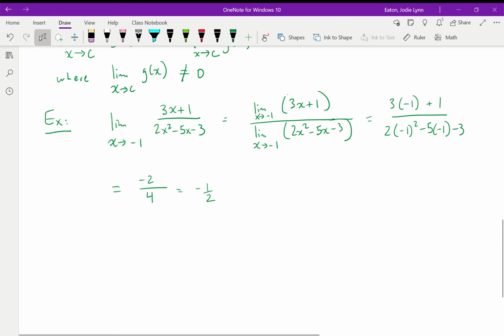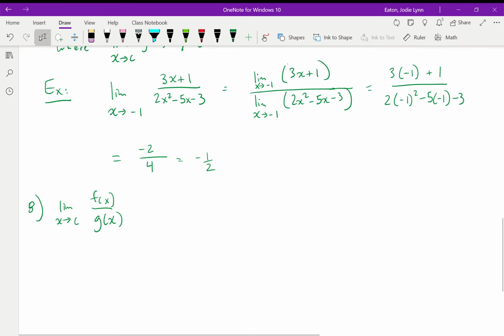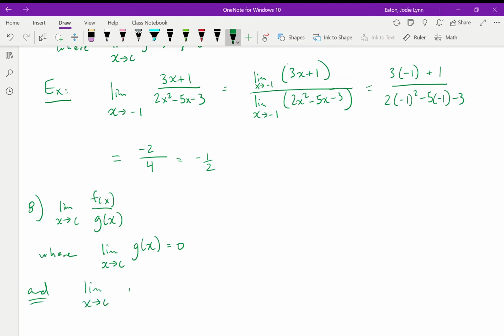Okay, so the second situation we might run into is where we have the limit as x approaches c of f of x over g of x, and we have a denominator where the limit as x approaches c of g of x equals 0, and the limit as x approaches c of f of x is not equal to 0.